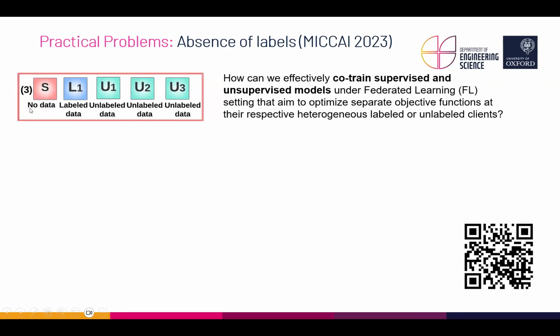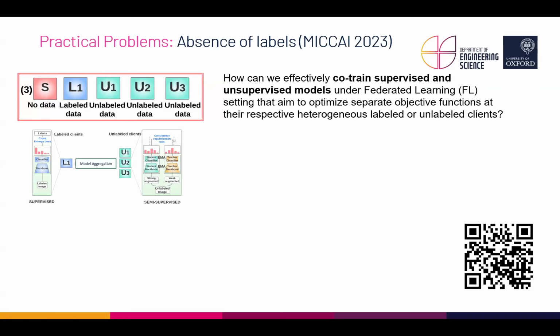Now the question is, how can we train supervised and unsupervised models at the same time? For example, in a supervised client, we train using cross-entropy loss. In the semi-supervised or unsupervised client, we train using the standard consistency regularization loss with a student-teacher model.